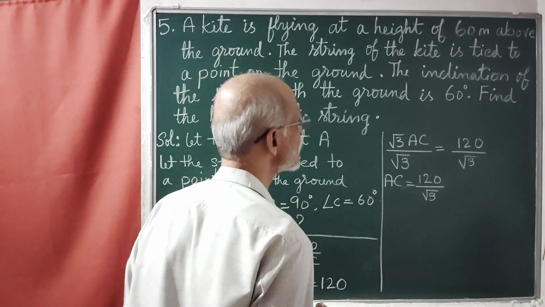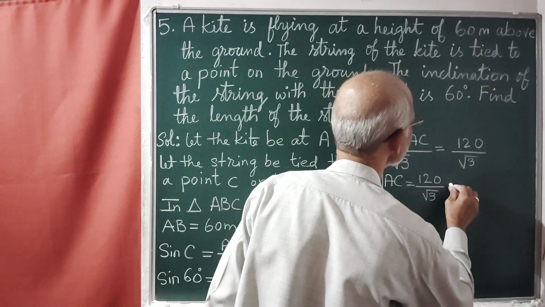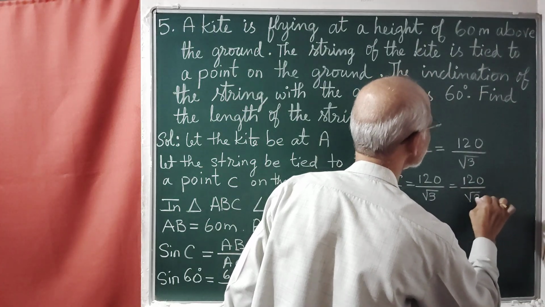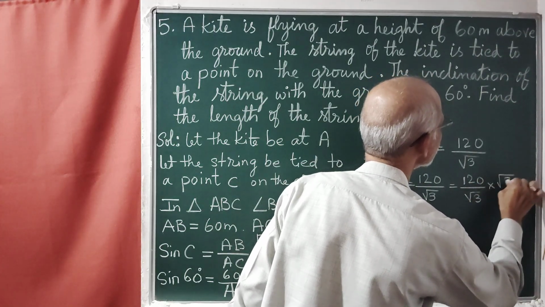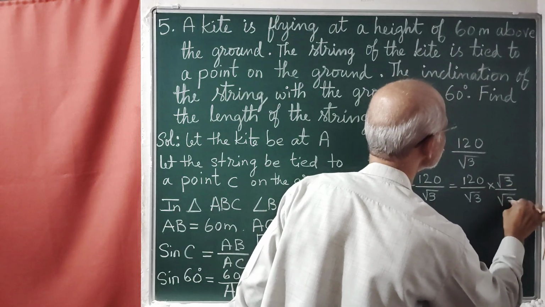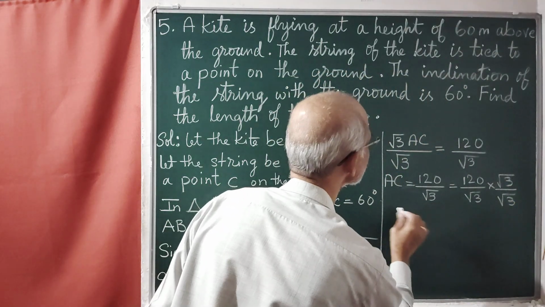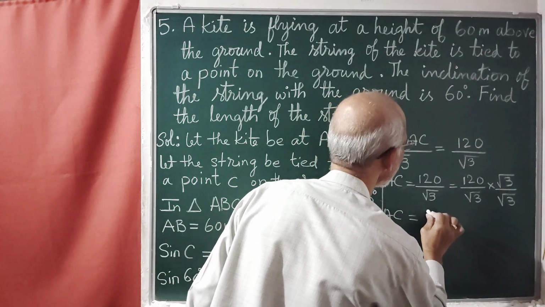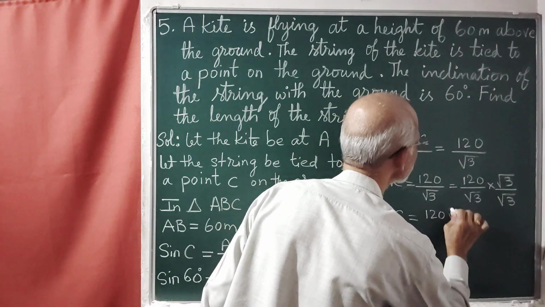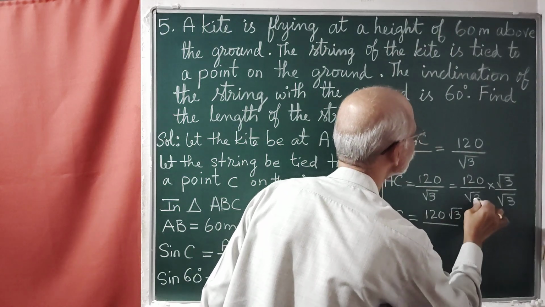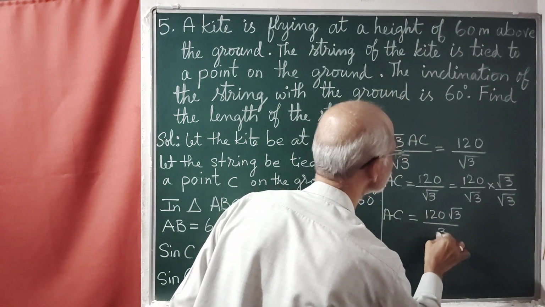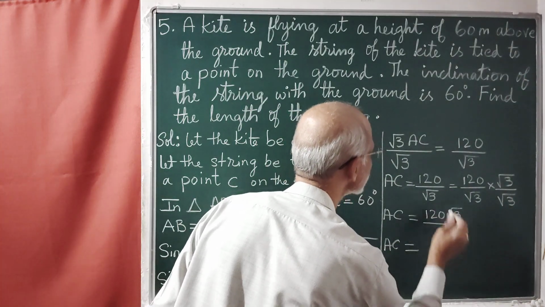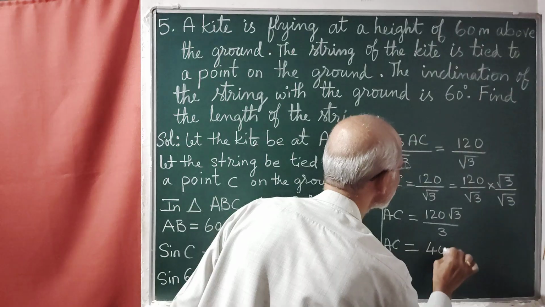So we will rationalize the denominator. It will be equal to 120 by root 3 into root 3 by root 3. So AC will be equal to 120 root 3 by 3. We can cut it, so we will get 40 root 3.